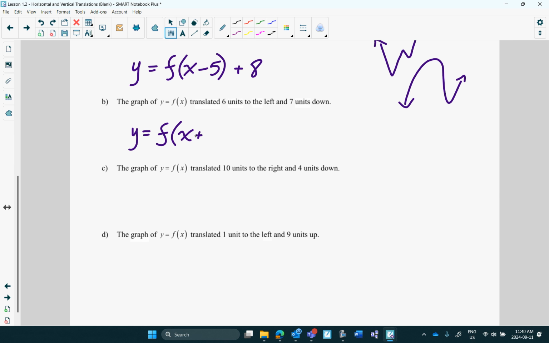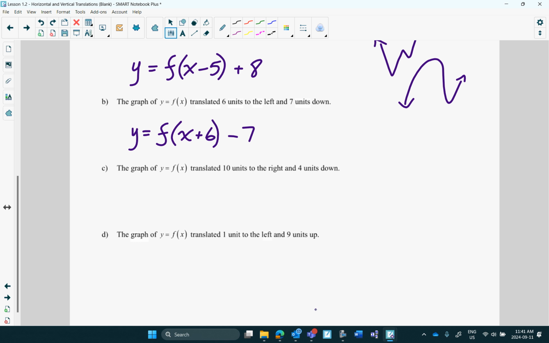Y equals f of x plus 6 in parentheses minus 7. See if you can finish the remaining 2. Very similar to the previous 2. Because this is something that we're going to do with a lot of these. Remember I said we're going to look at a lot of graphs this year.